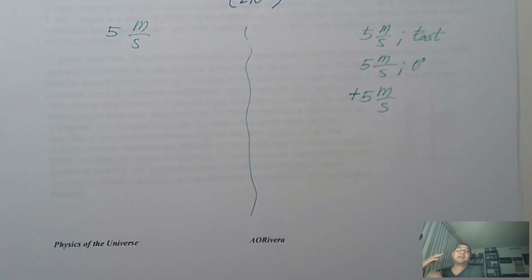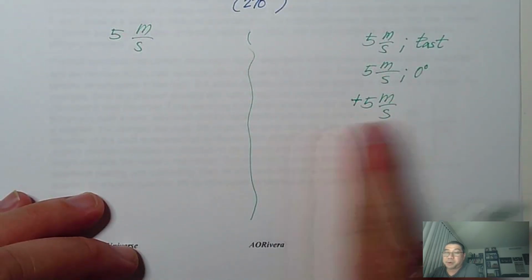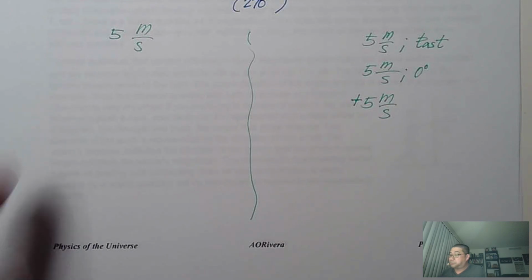Now, this is a little bit complicated because sometimes you might say 5 meters per second positive. As we all know, in our math class, when it's going upward, that is also positive. When it's going to the right, it's positive. So this can be a little bit confusing to some because we don't know what specific positive we are talking about. Is it going upward or going to the right? Then if not, there's a specific difference between those two.